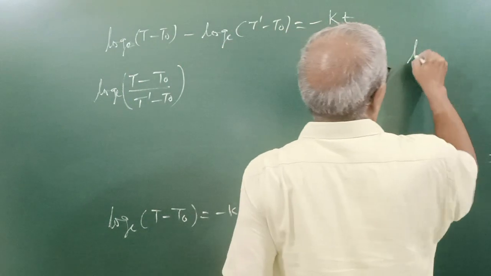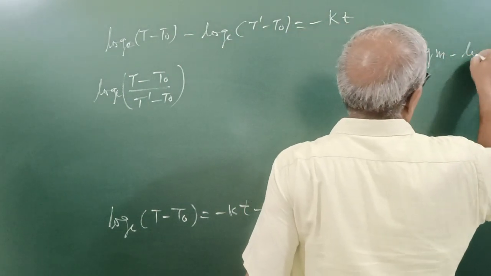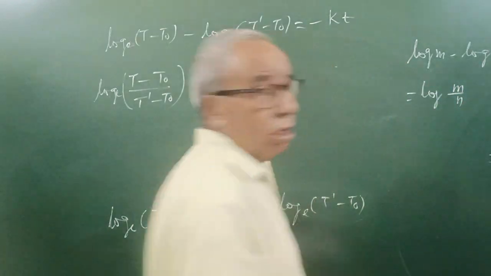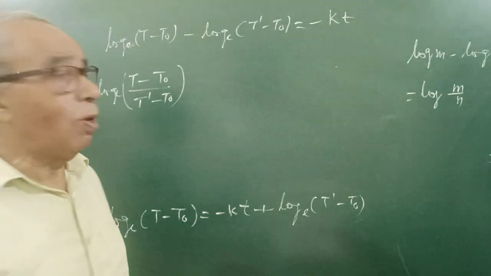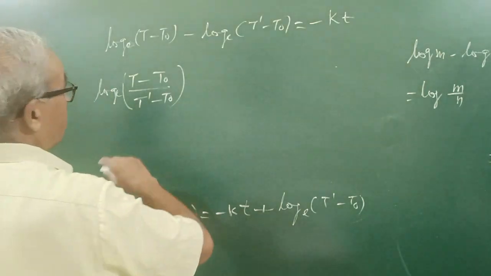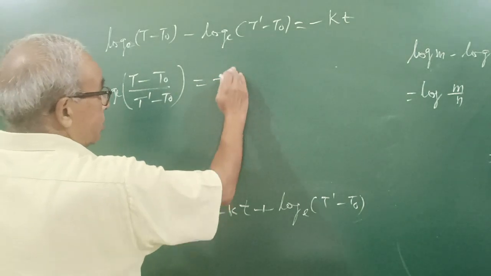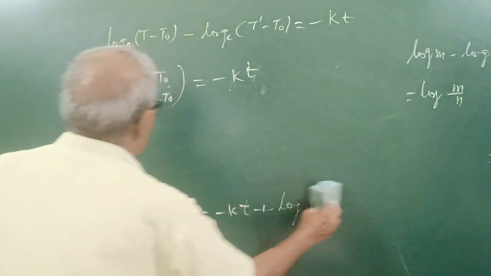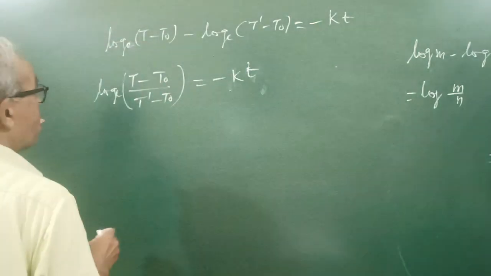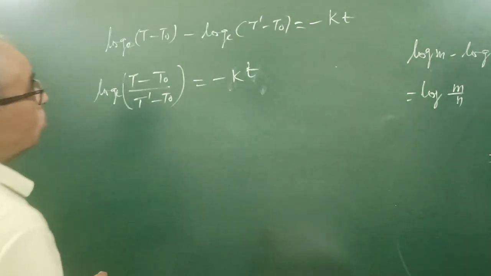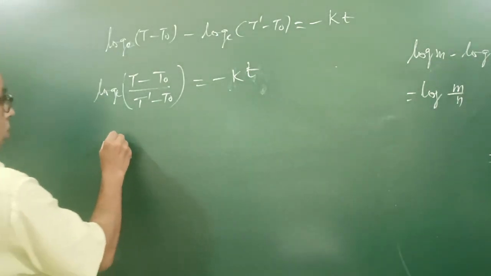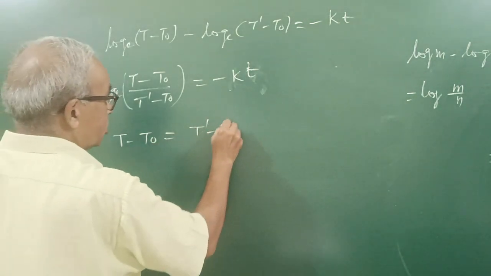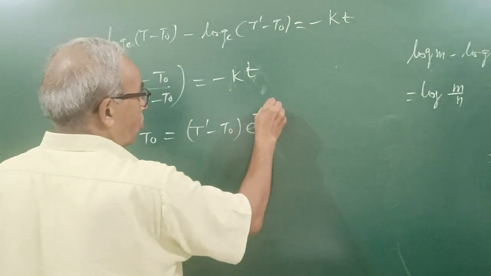There is a formula, log m minus log n is equal to log m upon n. Using that formula, the video will go somewhat longer, please don't get tired. Equal to minus kt, or you can write here T minus T0 equal to T dash minus T0 e to the power minus kt.